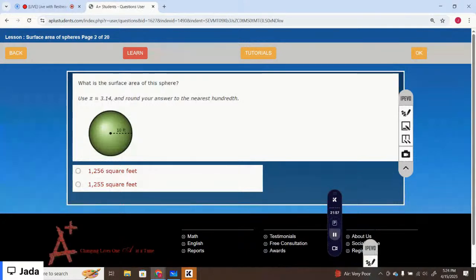What is the surface area of the sphere? It is 4 pi r square.